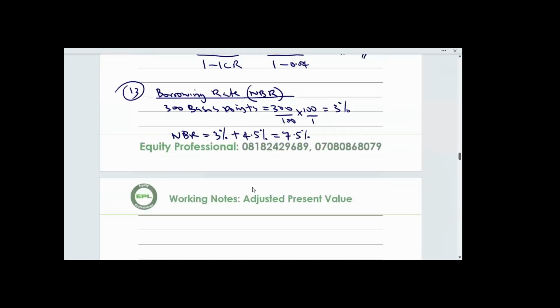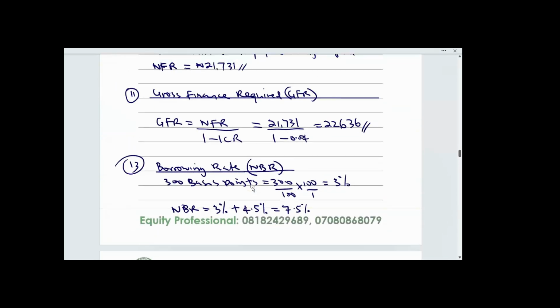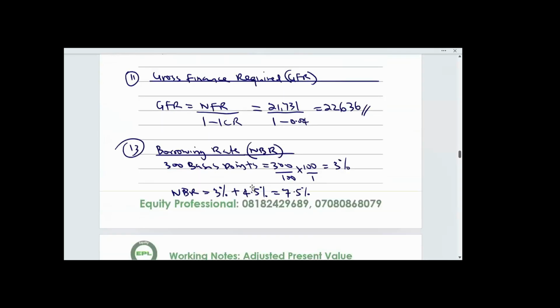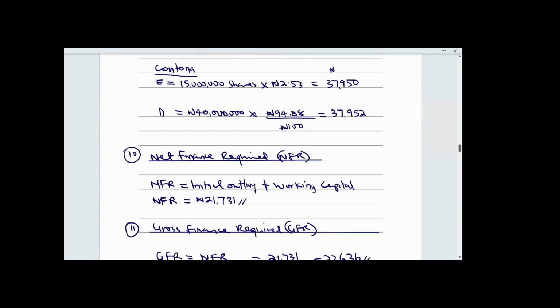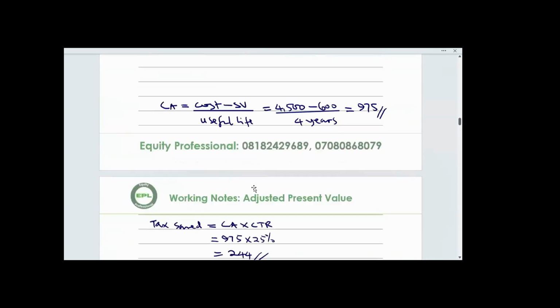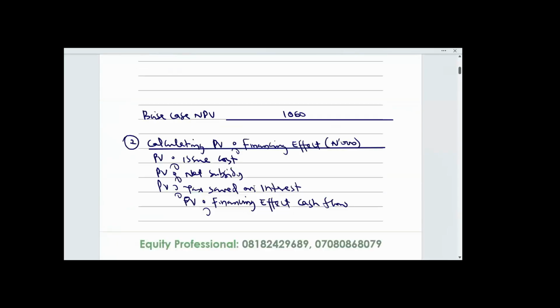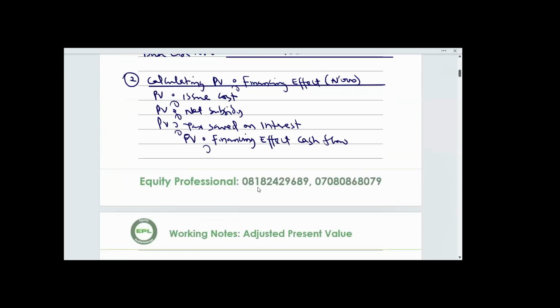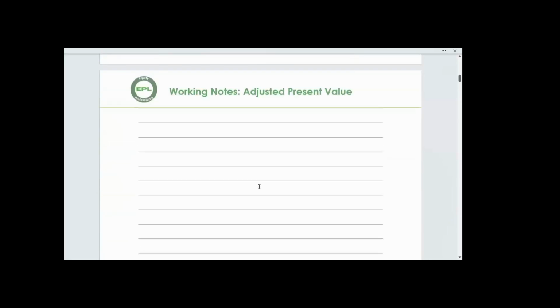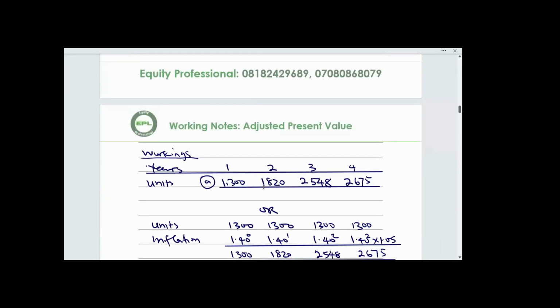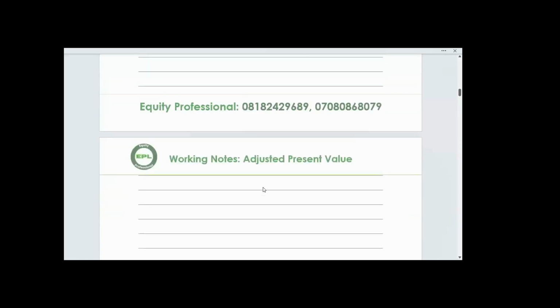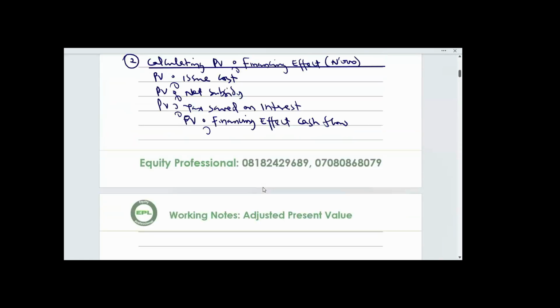Then, at this stage, what else am I looking for? I want to calculate issue cost. Let me find a space for this, since the APV will be somewhere here. This is page 1, page 2.